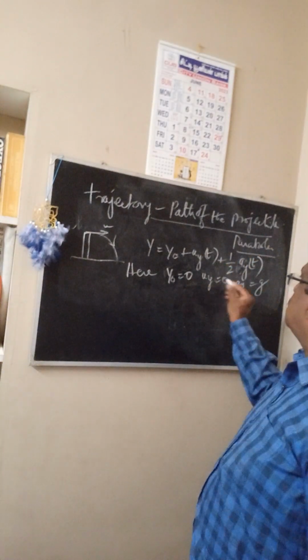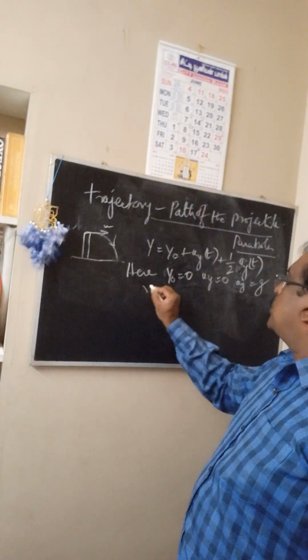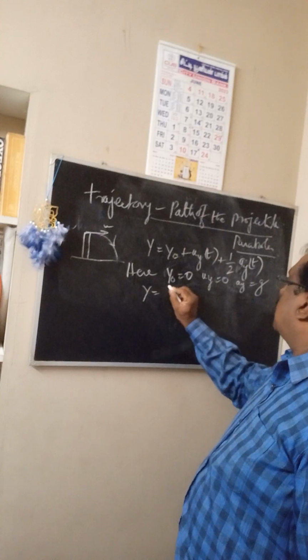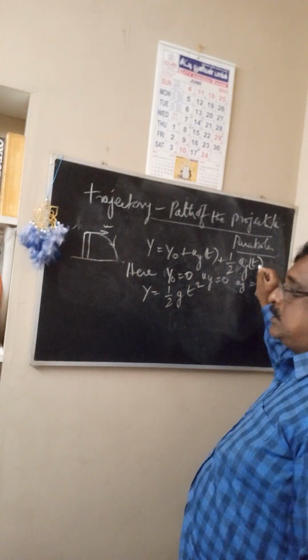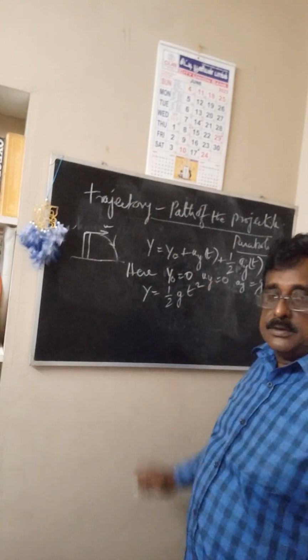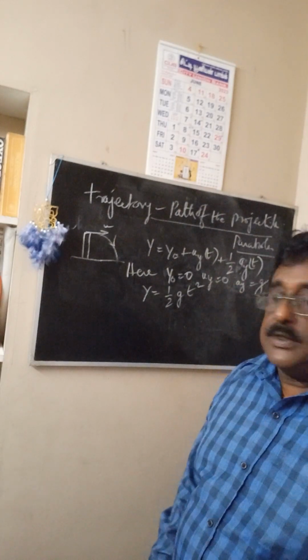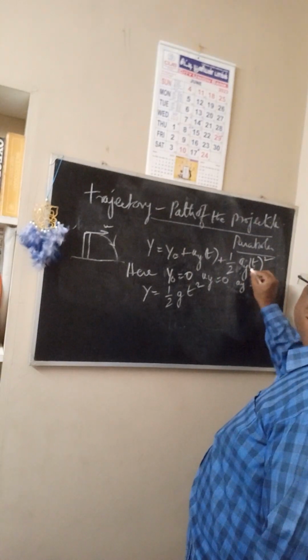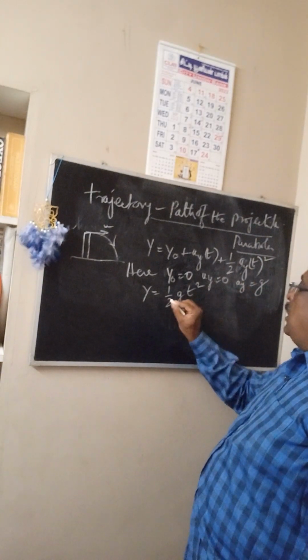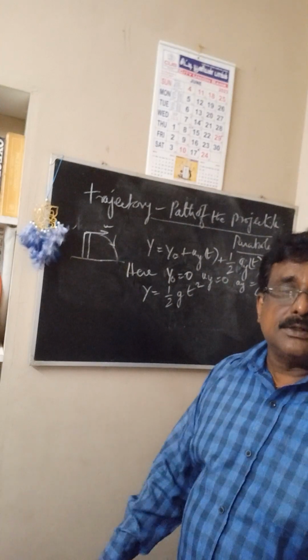Now you substitute all these values in this equation. It becomes y is equal to half g t squared.